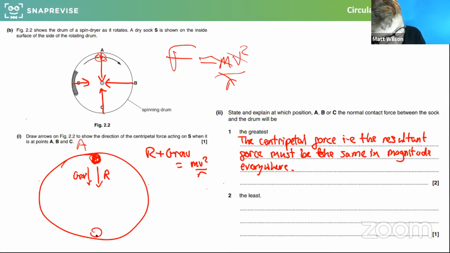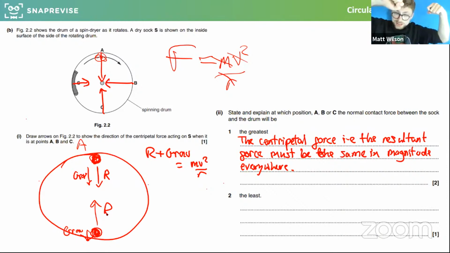At the bottom, we have something quite different. Gravity is pulling the sock downwards. And what does that mean for the reaction force? Now the reaction force has to produce m v squared over r going upwards whilst working against gravity.